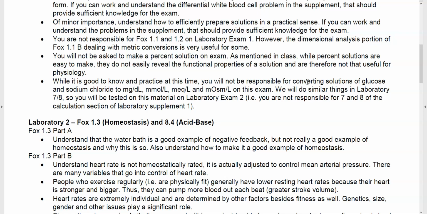And again, you're not responsible for converting solutions of glucose and sodium chloride to milligrams per deciliter, then millimoles, then milliequivalents, and then milliosmoles for this exam. Again, in a future laboratory we're going to do that, so I'm going to test you on those things for laboratory exam 2. So don't worry about them here.